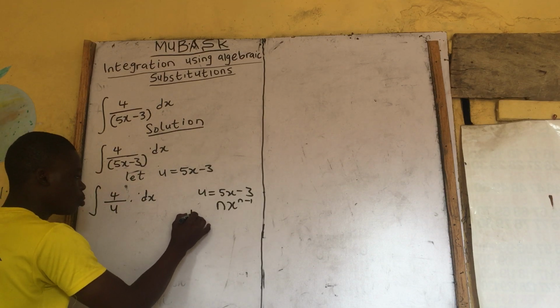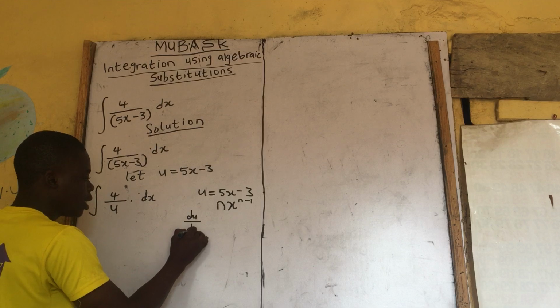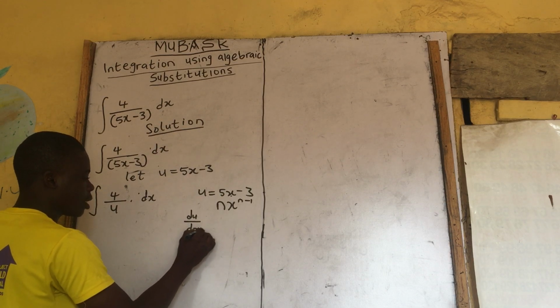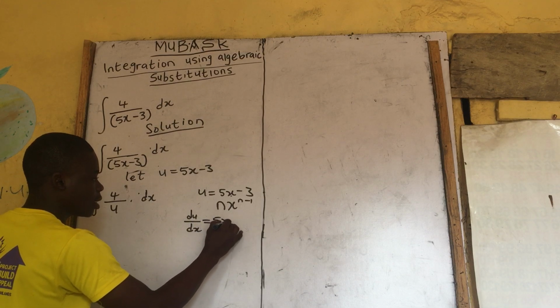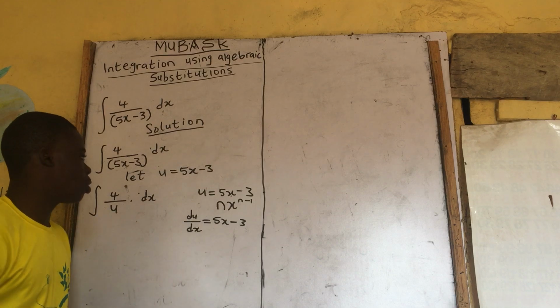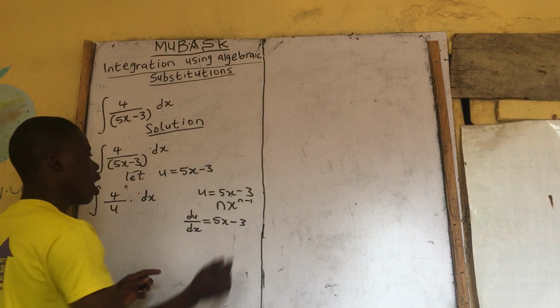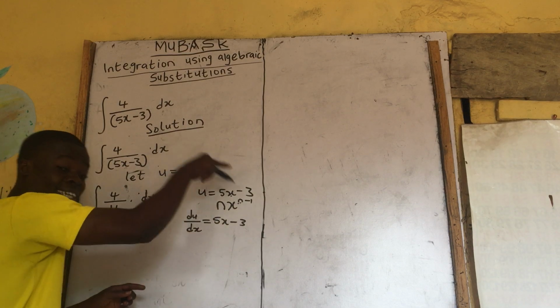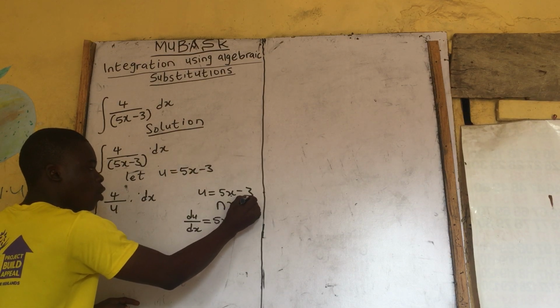So du divided by dx equals the derivative of 5x minus 3. Our n is the power, but when we differentiate, the power comes down to the front and the new power remains n minus 1.